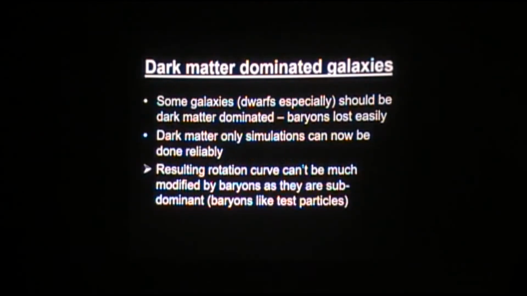The baryons have to act as tracers, but even if you blow them all up, it shouldn't matter very much for the rotation curve, because they make up only a very small fraction of the mass. So these kinds of galaxies should be a good test of the theory.